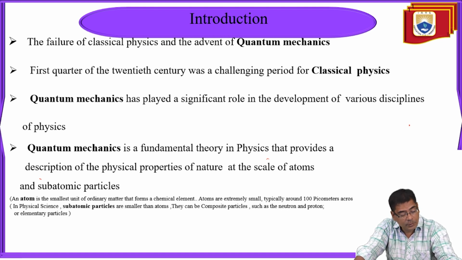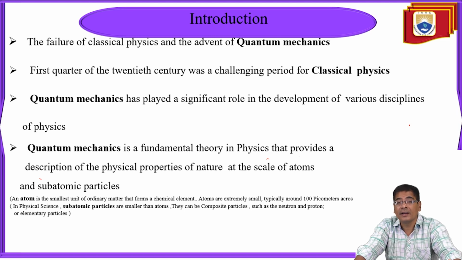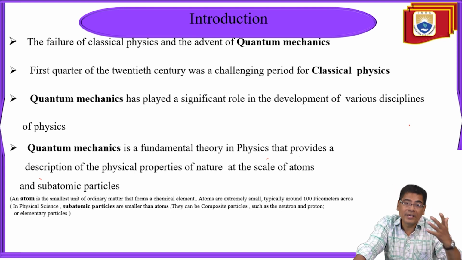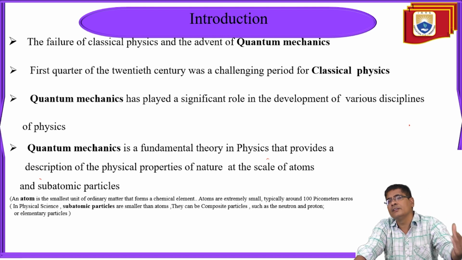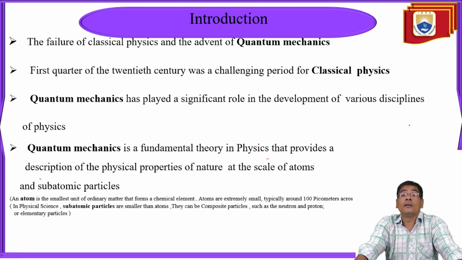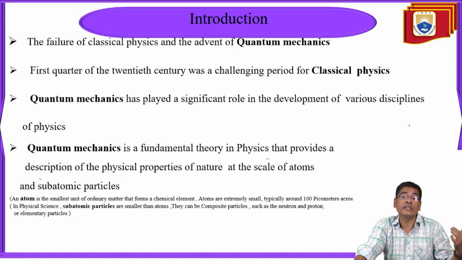It could also not explain the stability of the atom, photoelectric effect, Compton effect, right? If you see some more physical properties, classical physics was unable to explain interference, diffraction, and polarization at the optical levels. So these are the many reasons where classical physics was unable to explain, and quantum mechanics came into existence.